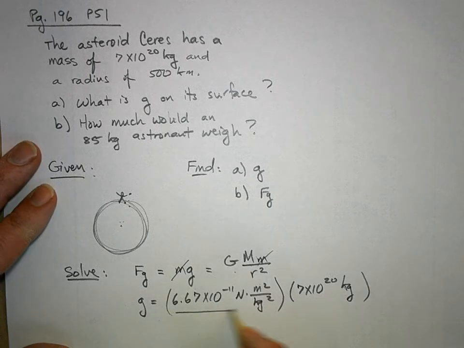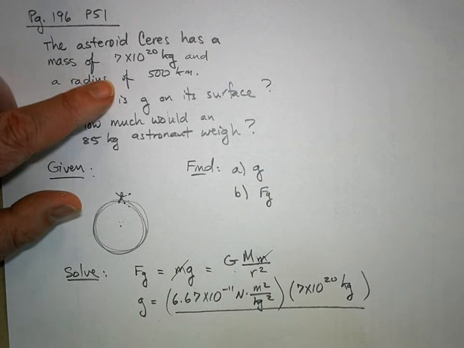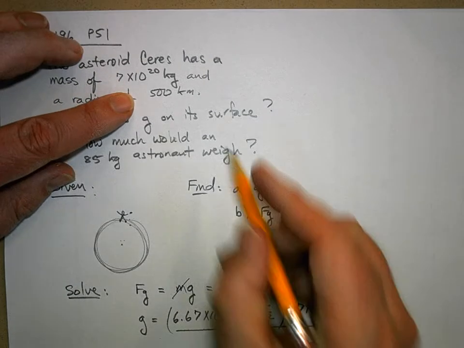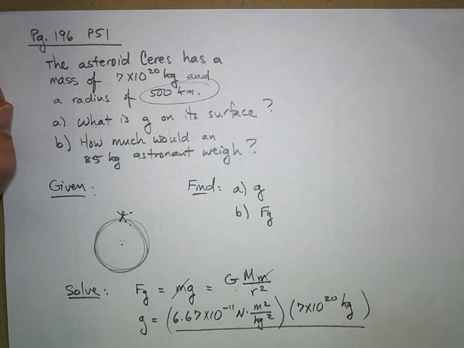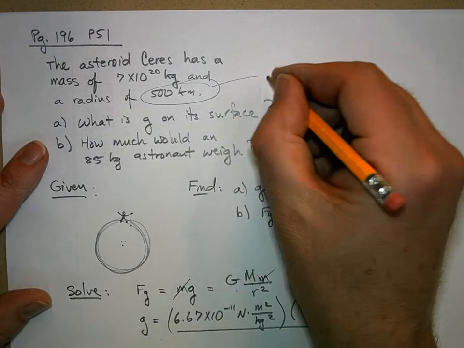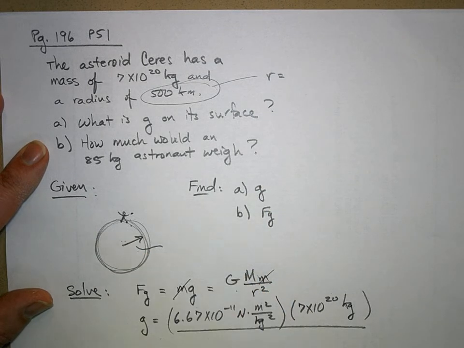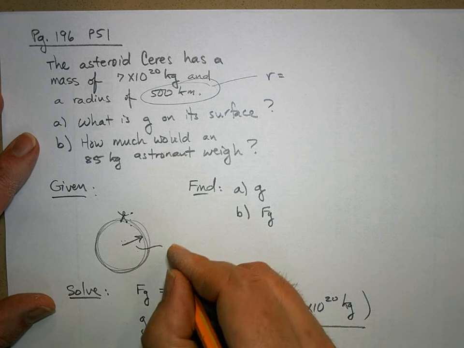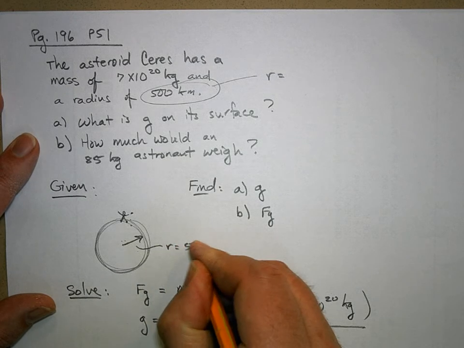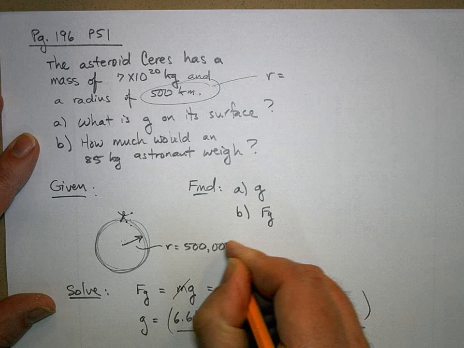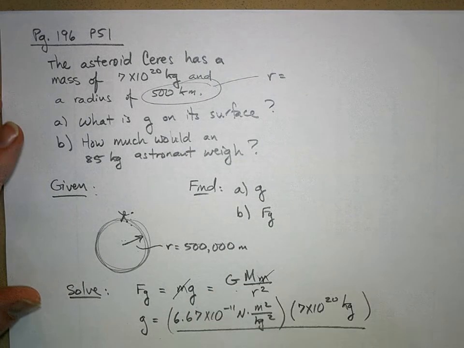And then we have to divide by its radius squared. But what does this radius have to be in? You always have to do things in meters. So the radius here, oh, I didn't put it in what's given. The radius here is 500,000 meters.